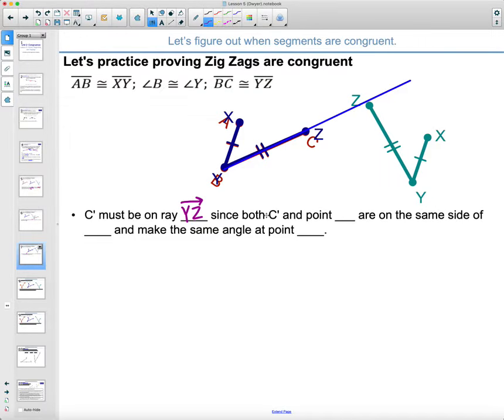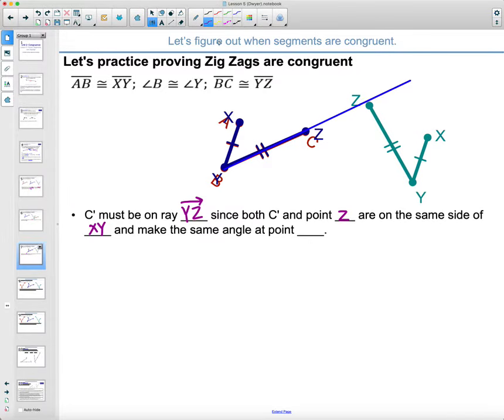Why is it somewhere on there? Since both C prime and point Z are on the same side of XY, so if it was here, C's over here somewhere. C's on this line somewhere.